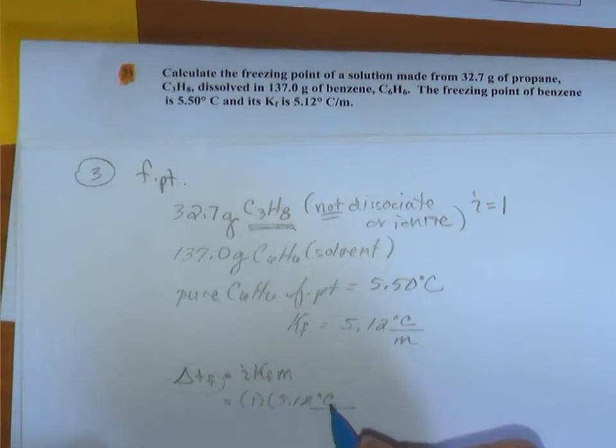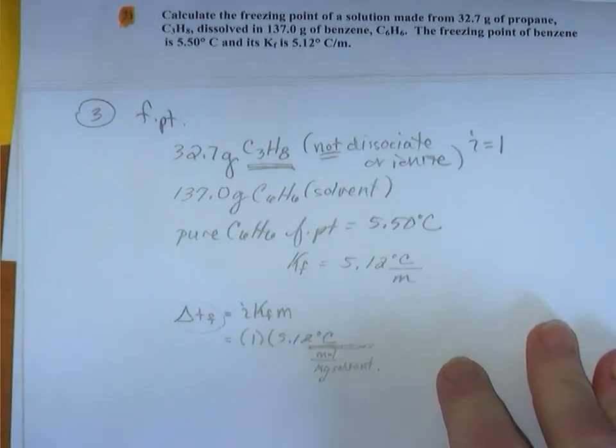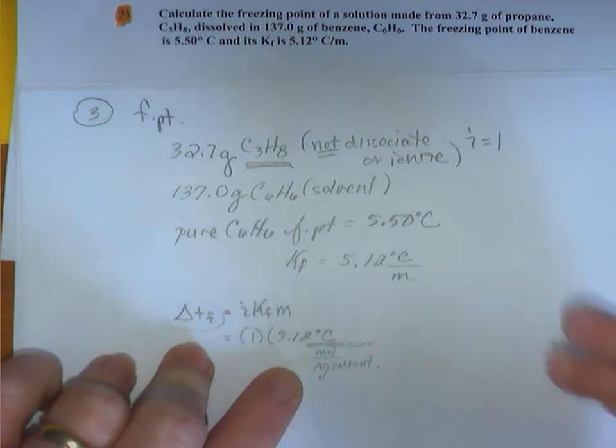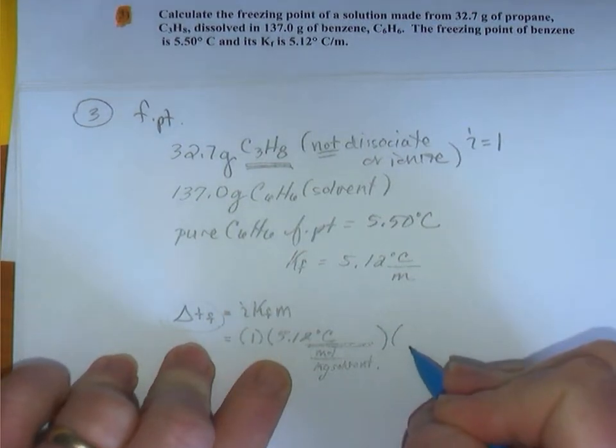And remember, molality is mole of solute per kilogram of solvent. So we could expand that or simply just keep it as a lowercase m. Either of those would be fine.